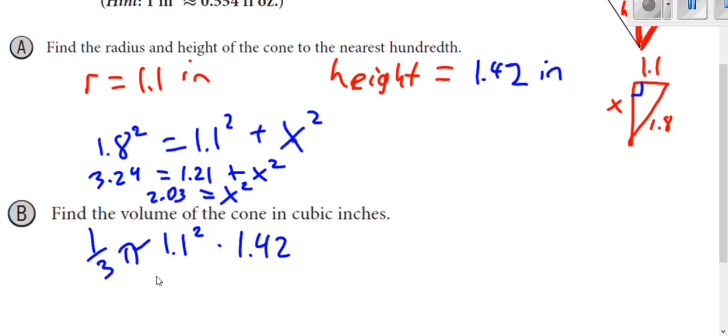We use 3.14 for pi. And after dividing by 3, you get about 1.798. So we'll round it to 1.8. It doesn't tell us how far to round.